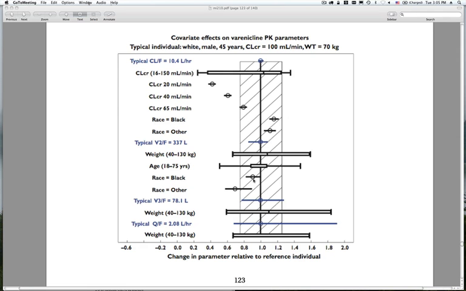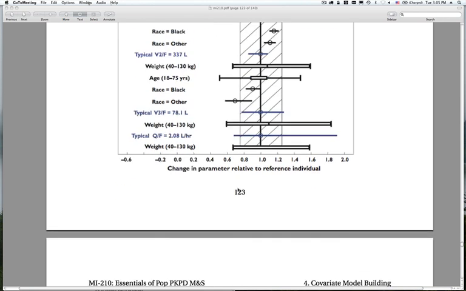Then we have a race effect here again, small, well estimated, actually intersects the null value. But then this other effect on race, that one's not so well estimated, and its point estimate pulls you a little bit further away. So this might be a bit more interesting from a clinical point of view, something that you might have to pay attention to. So that's one way to view the results.